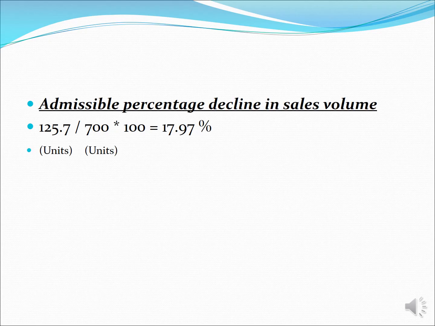So now we got this calculation of admissible percentage decline in sales volume, and we divide 125.7 by 700 times 100 gives us the figure 17.97%, and that is the admissible percentage decline in sales volume.